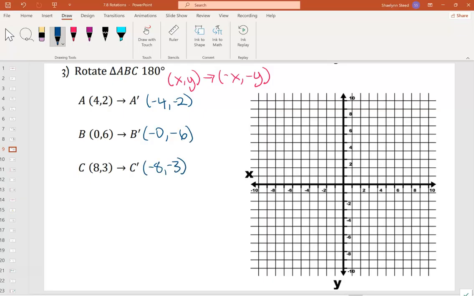Do I have to care about negative 0? No, because it's the same number. So our original is going to be at 4, 2, then 0, 6, and then 8, 3. So this will be A prime, B prime, and C prime.